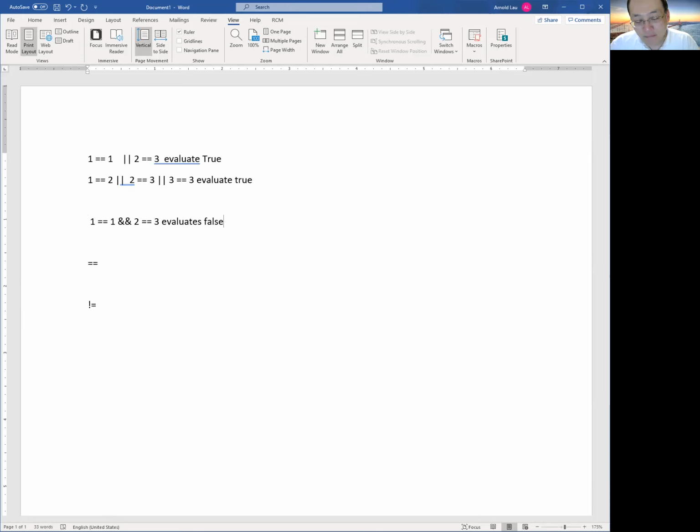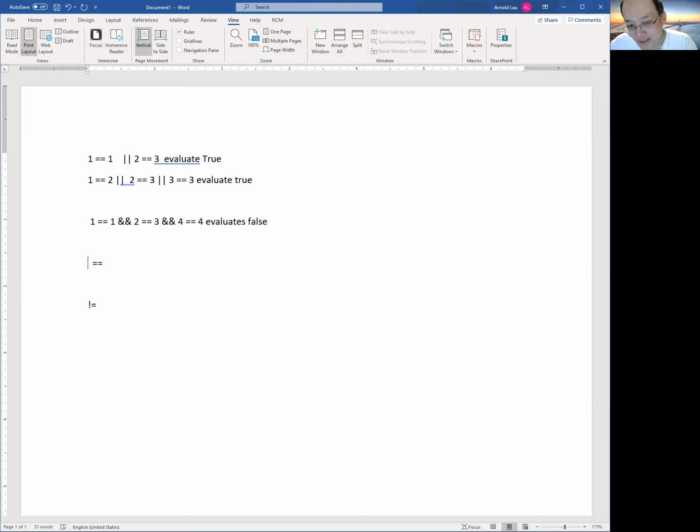So with the or statement, all you need is one of the things to be true for the whole thing to evaluate to true. With the and statement, all you need is one of those things to evaluate to false for everything to evaluate to false. So if I had this 4 equals 4, that will evaluate to false.